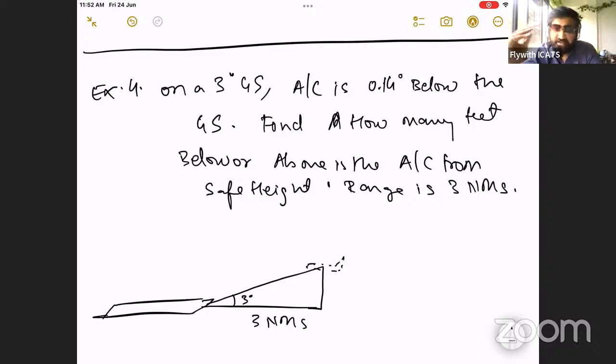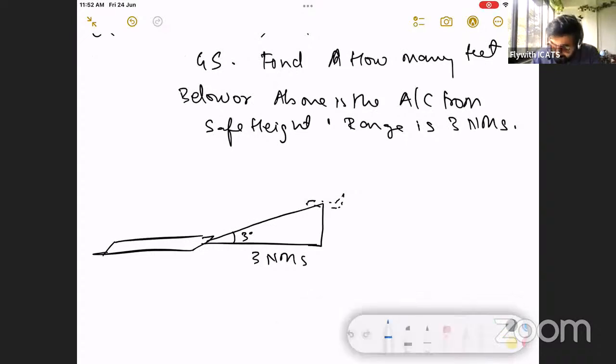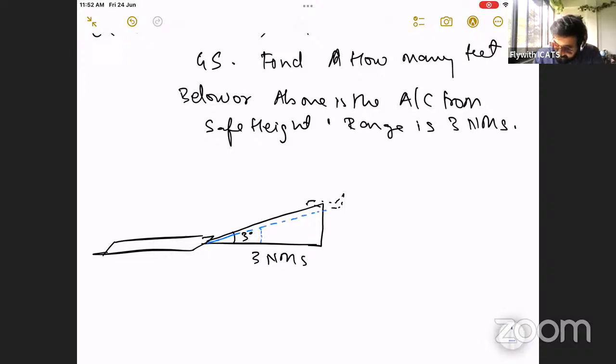It means 3 degrees minus 0.14. That is the slope angle at which you are. So 3 minus 0.14, you get 2.86. So you are at a glide slope angle of 2.86, and your aircraft is here.